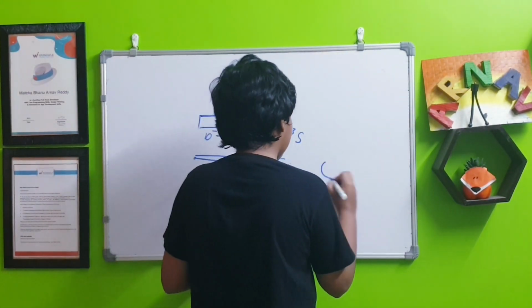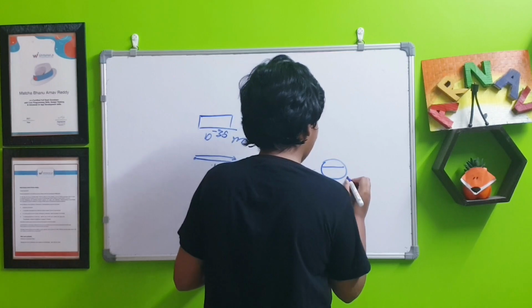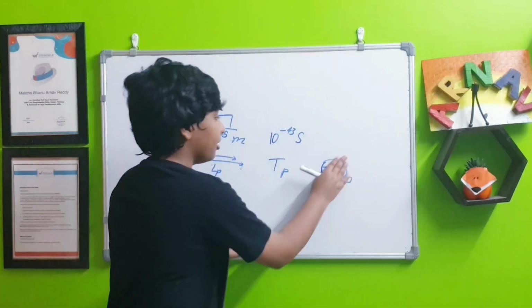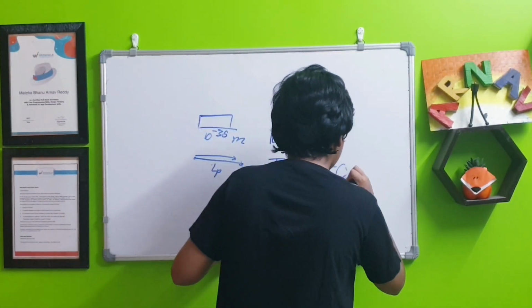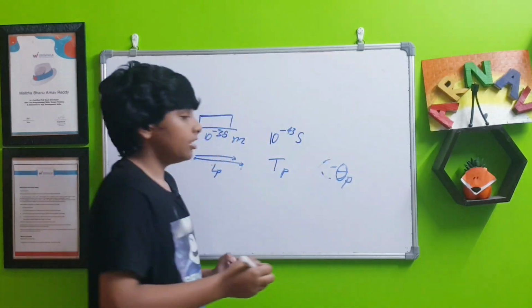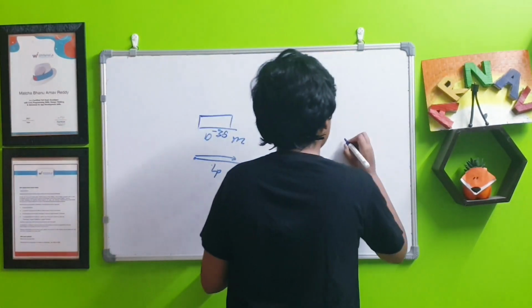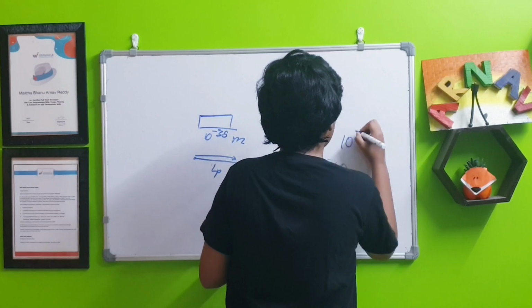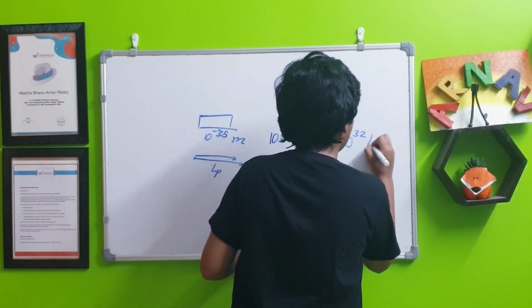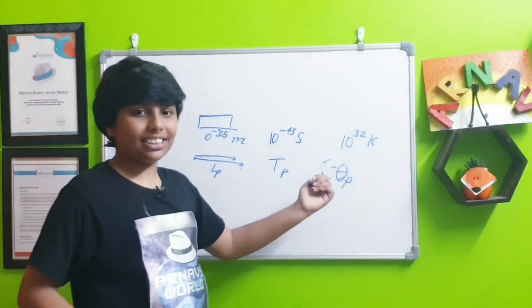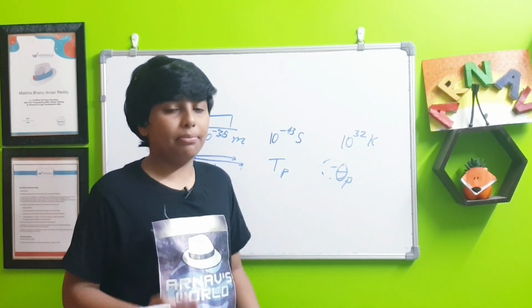It doesn't use T, but theta, a Greek letter if you don't know. Why did I draw it so fat? Theta. This is a very hot temperature, about 10 to the power of 32 Kelvin, pushed to its absolute limits.